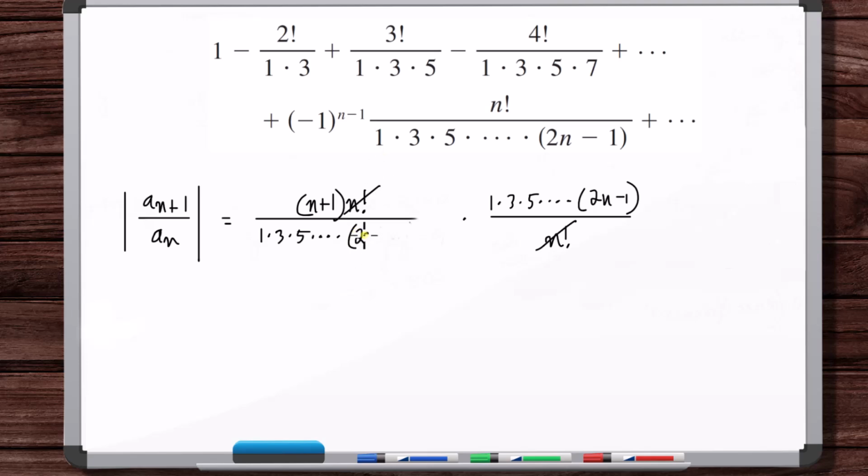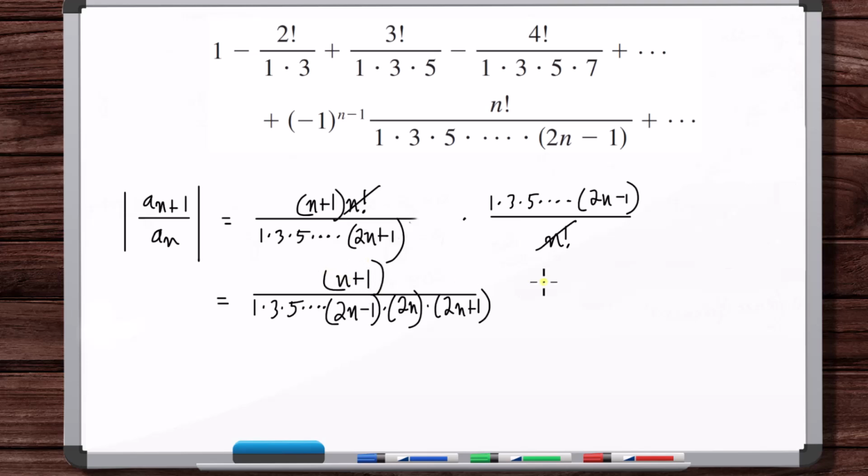So, okay, now what we can think about is we've got 1 times 3 times 5 times, and then 2n minus 1 times 2n times 2n plus 1. Okay. And then here, 1 times 3 times 5.